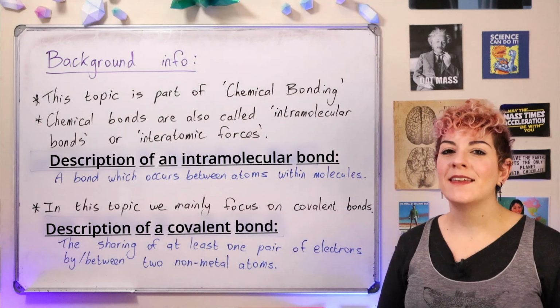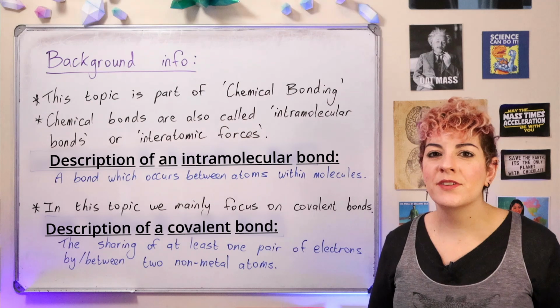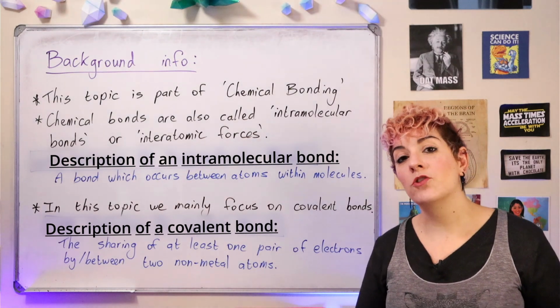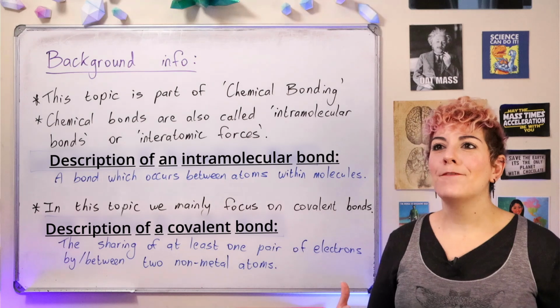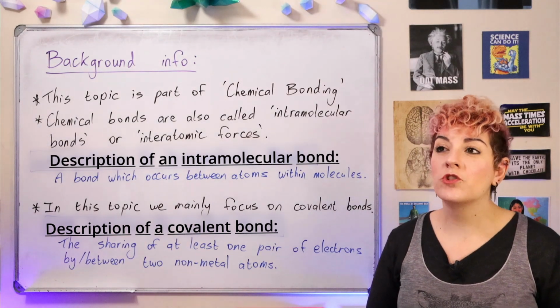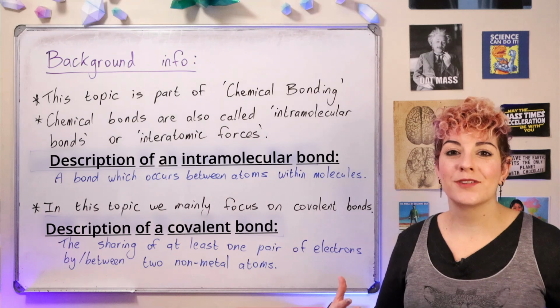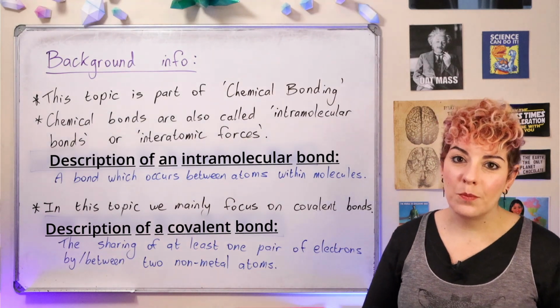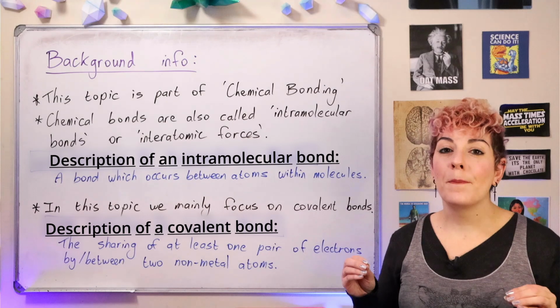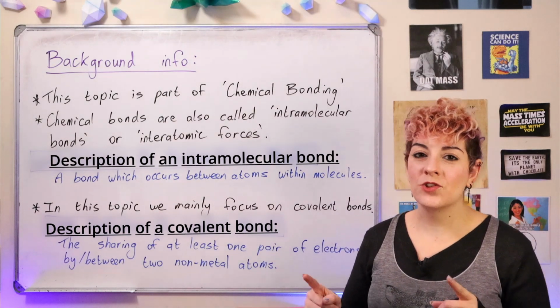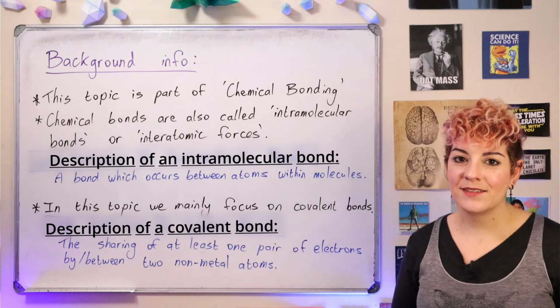You will come to see that non-metal atoms share their outermost valence electrons with other non-metal atoms in an effort to try and fill their outermost energy levels, which is a stable state to be in. Now, each covalent bond consists of a pair of shared electrons between two non-metal atoms.